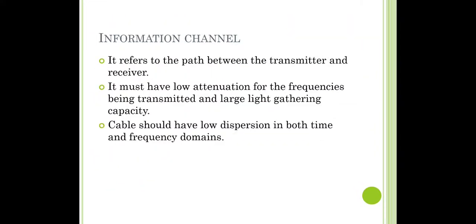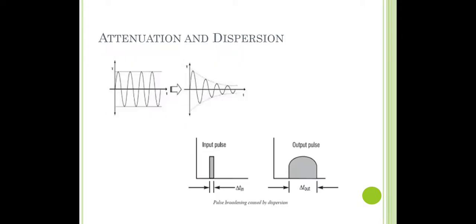So the information channel provides a path between the transmitter and the receiver, and that path must have low attenuation and low dispersion of signals. Since you are new to this topic, you may or may not know what is meant by attenuation and dispersion. So here is one simple diagram that shows what they mean.